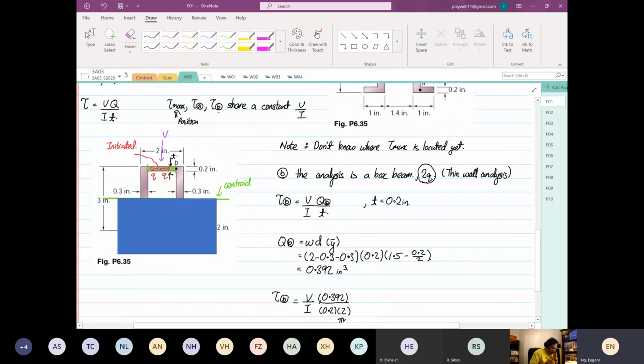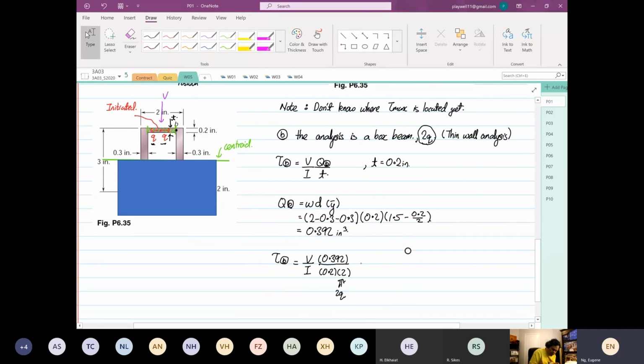Because on the box beam, you have 2Q going one towards the left, one towards the right, and the 2 is because of the 2Q. That's why once you start analysis of a box beam, you need to ensure that you put a 2Q up there, then you won't miss out. So 0.392 divided by 2 divided by 2 is 0.98 V over I.